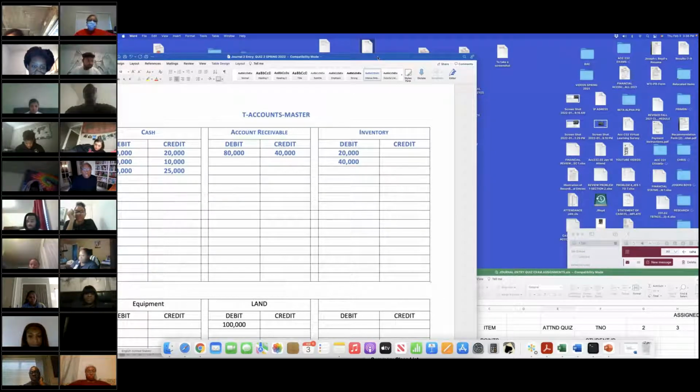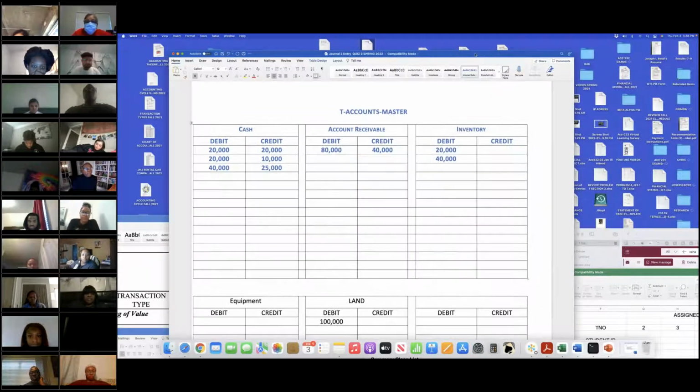How much cash do we have? So what we're going to do, we're going to add up all of these debits. And if we add up all of these debits, how much do we have for cash? 80,000.